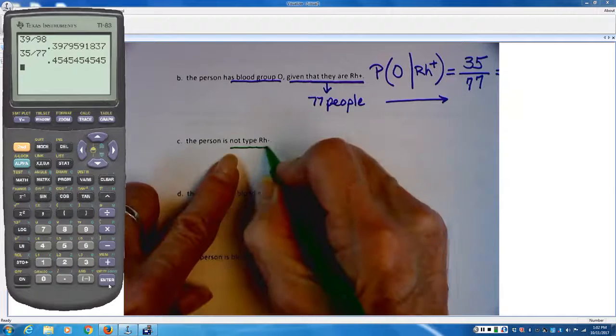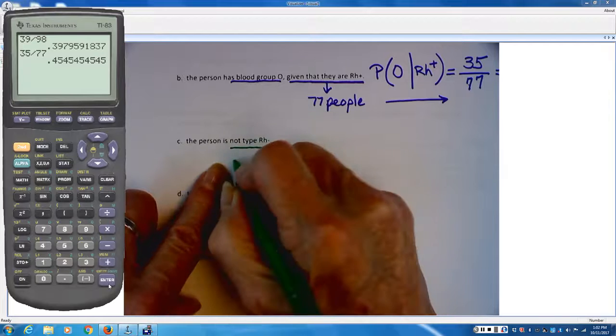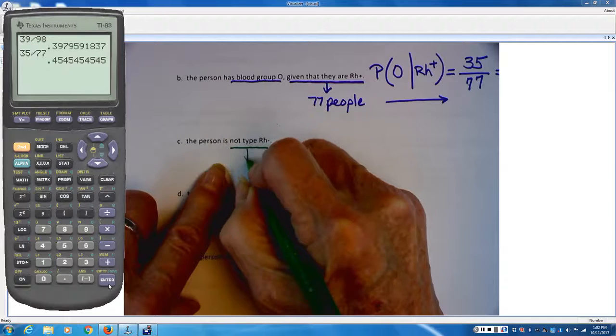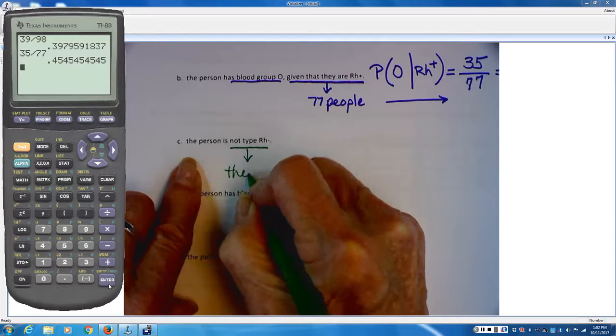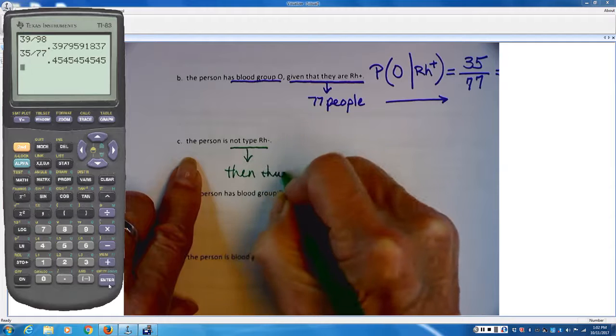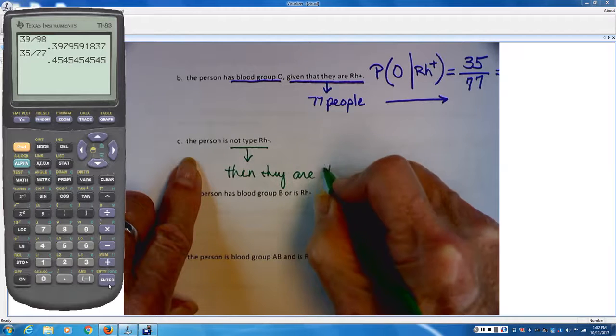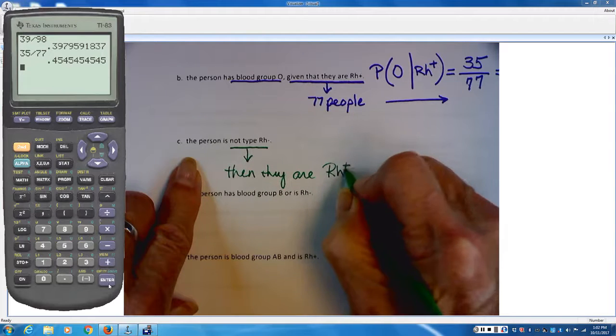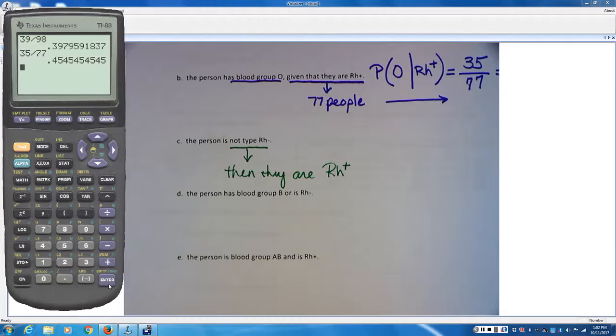If they are not Rh negative, there's only one other possibility. They have to be Rh positive. This is actually an example of what in probability we call the complement rule.